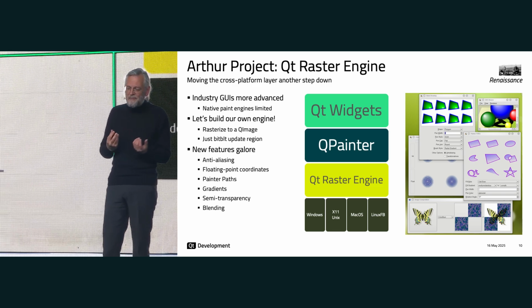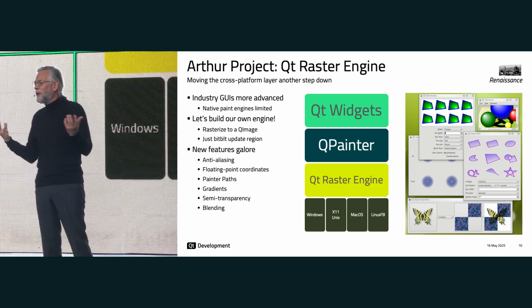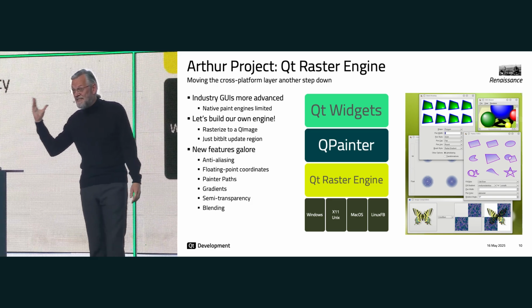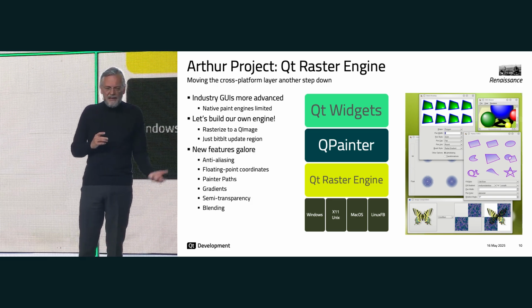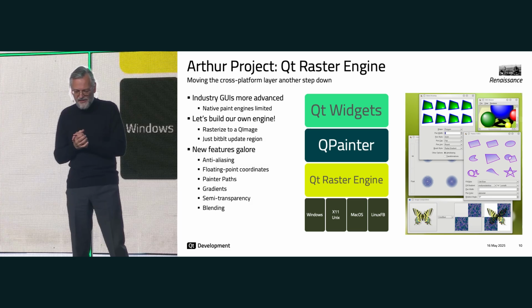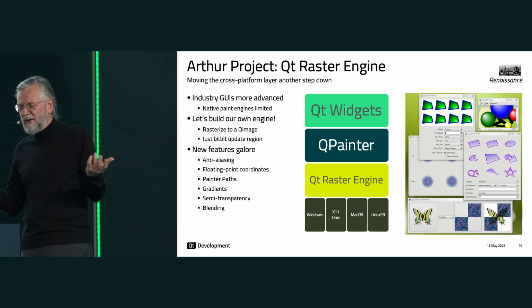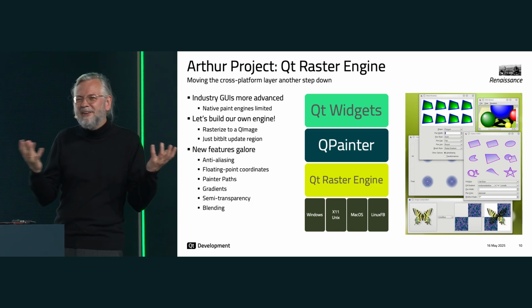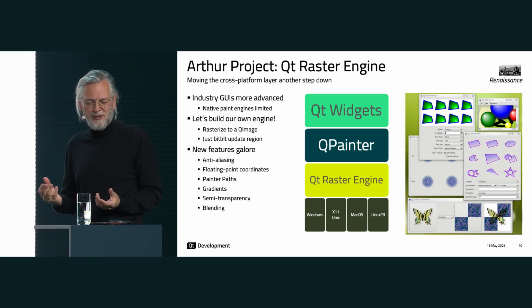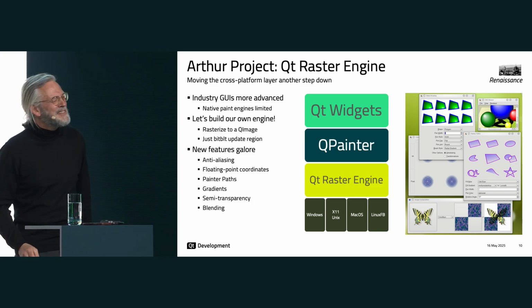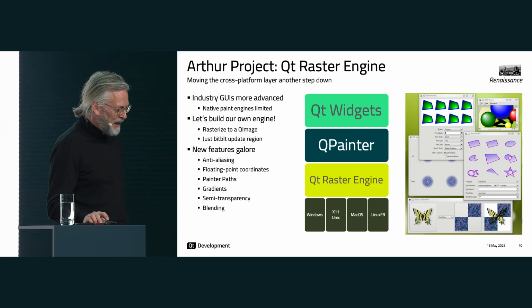This again making it meaningful to introduce floating point coordinates to the painting API, QPointF, QRectF. They added painter paths, gradient fills, semi-transparency with alpha, even selectable blending modes. You know, we were practically Photoshop. At least it felt like it for a while there.